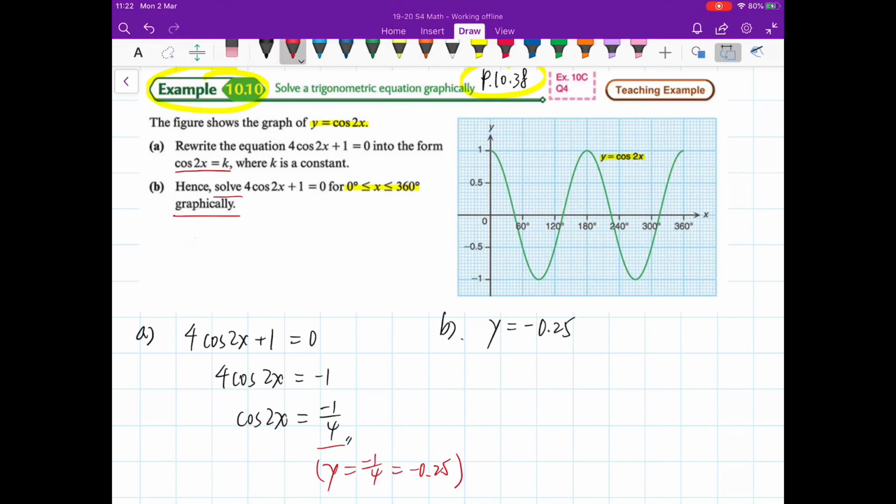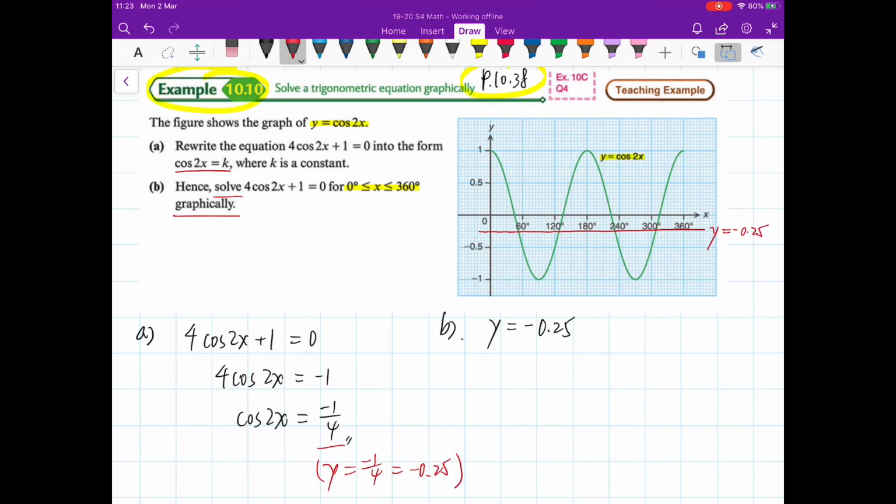Okay, so I used a red color to represent it. So I will draw a horizontal line. Okay, y equals negative 0.25.